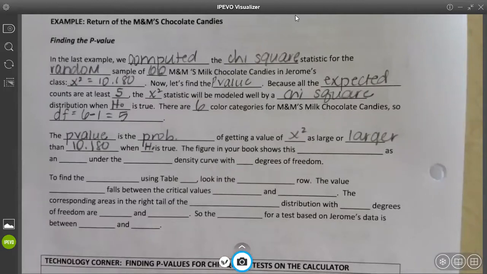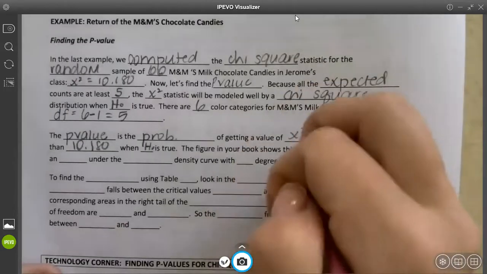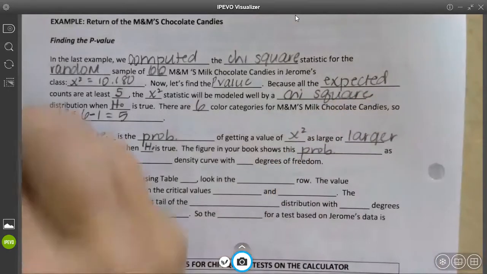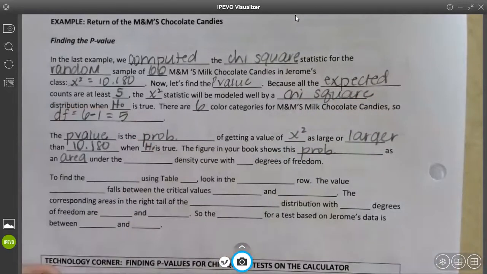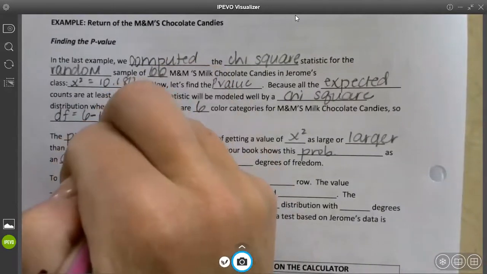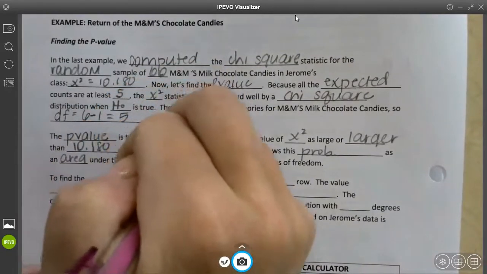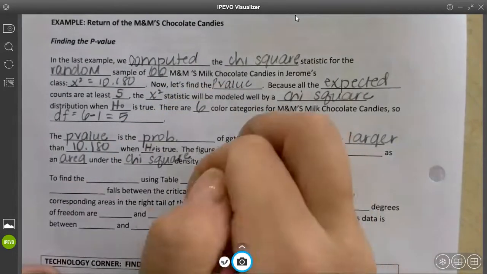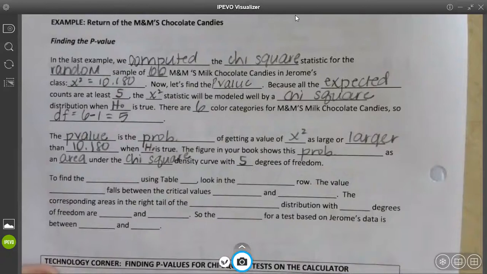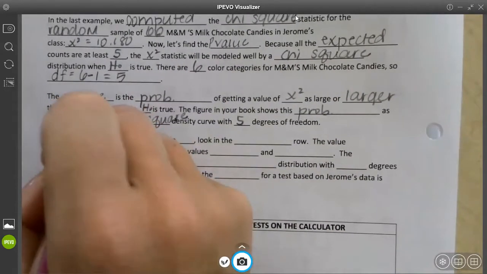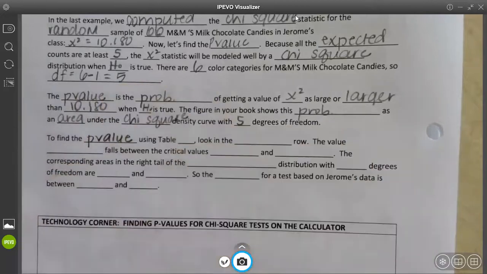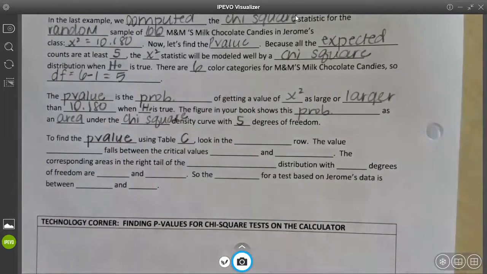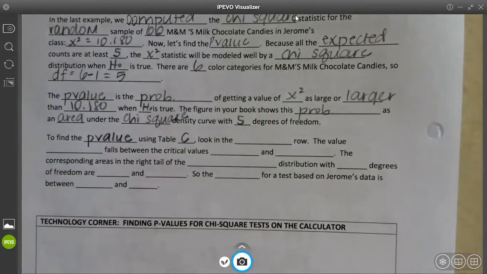And if you want to look in your book, the figure in your book shows this probability as an area under the chi-square density curve with 5 degrees of freedom. To find the p-value using table C, we have not looked at that. The very last table that you have.